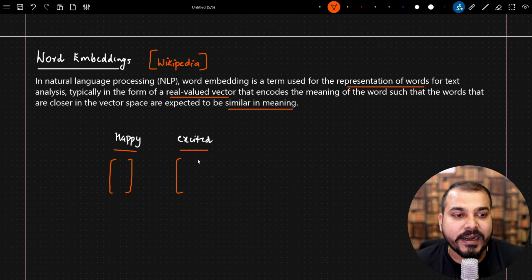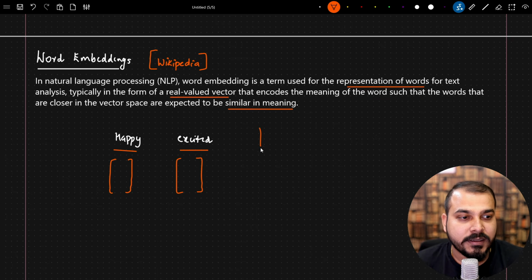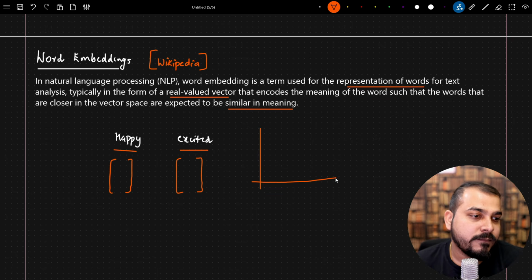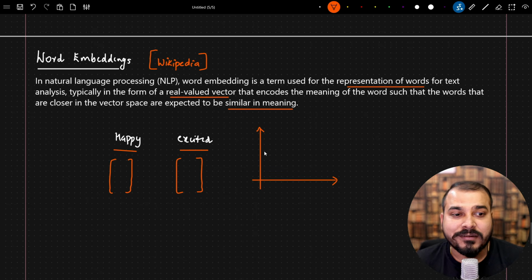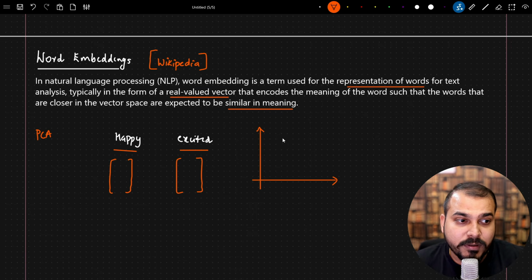And let's say I try to plot these vectors in a two-dimensional graph. If I really want to convert this into a two-dimensional graph, we have techniques like PCA or other techniques, which is an unsupervised technique to do dimensionality reduction. So once I plot this, let's say happy and excited are coming near to each other. Based on these vectors, it indicates both are similar words.